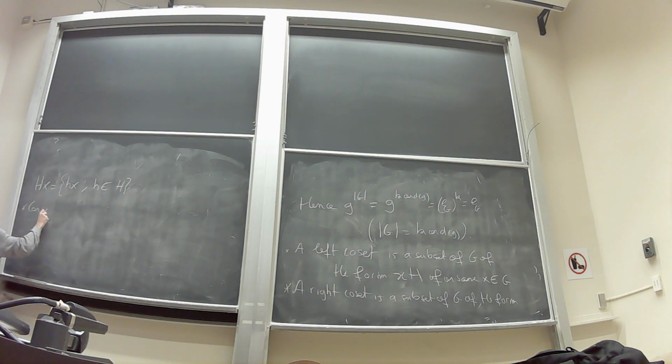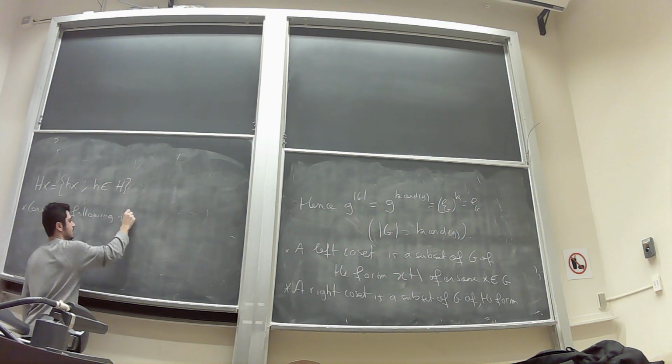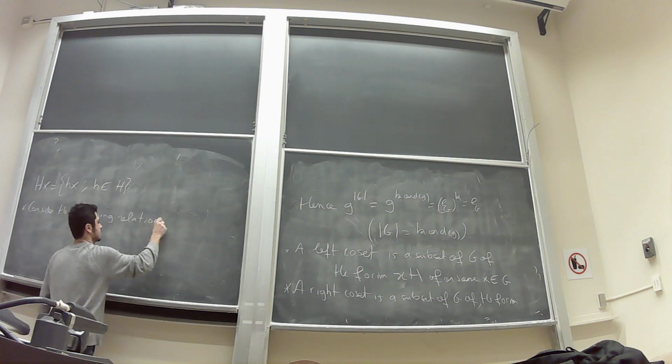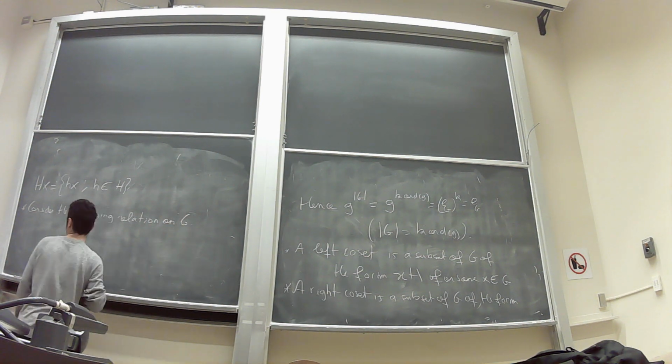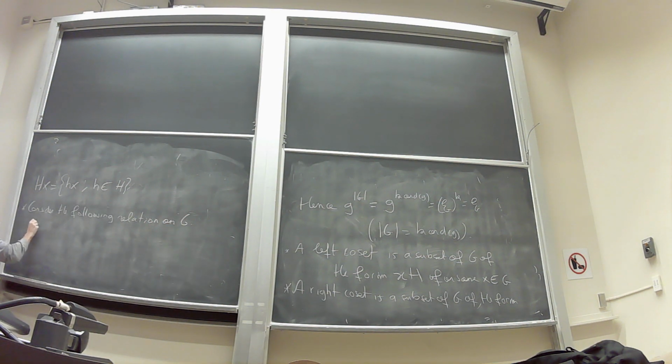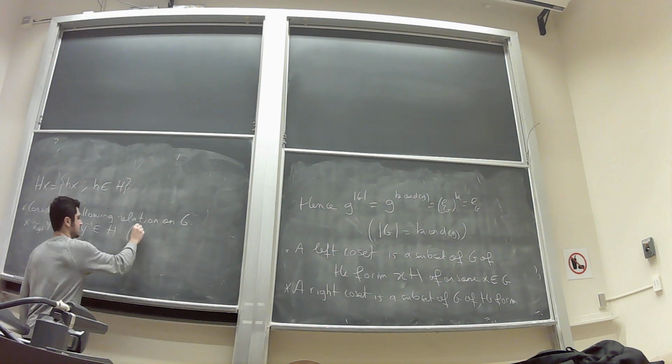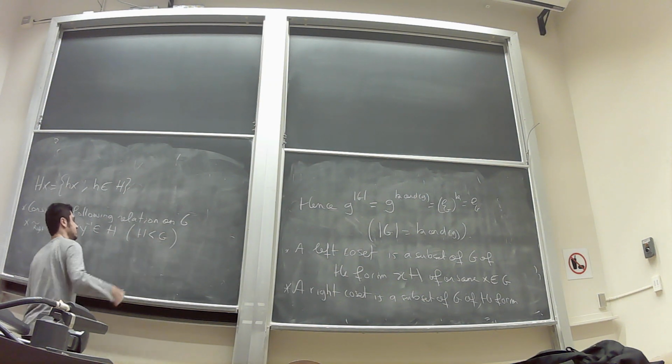So consider the following relation on G. I'll call it R, basically for right. Say that X is related to Y if XY inverse belongs to H. Of course here H is a subgroup of G.